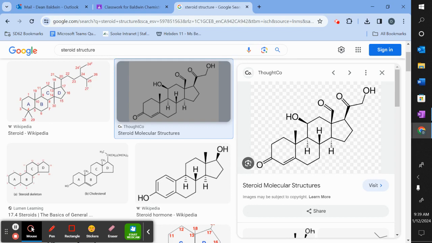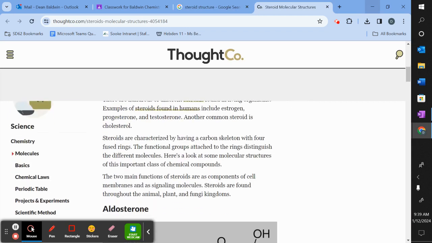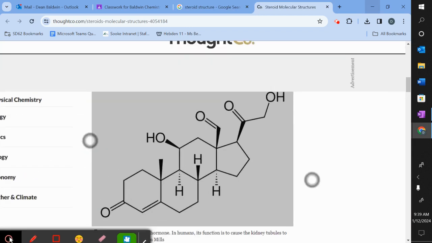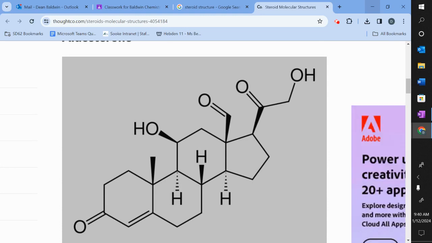This is a base derivative of testosterone. If you see rings like this, and then a pentene here, that's the base structure of testosterone. What functional groups do you see here?